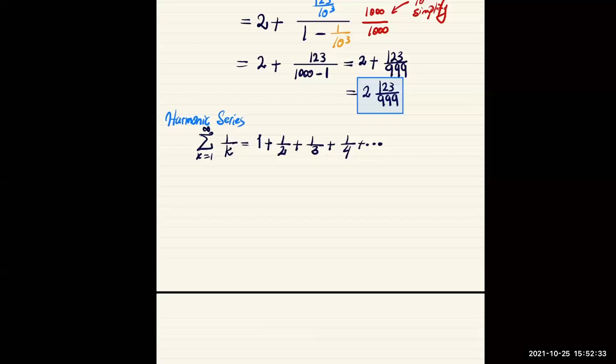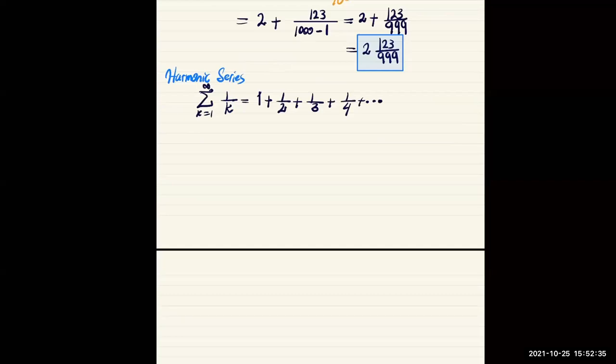The theorem says that this thing diverges. You know what people did in the beginning to see if these diverge or converge? They added. They just sat down and added term after term.